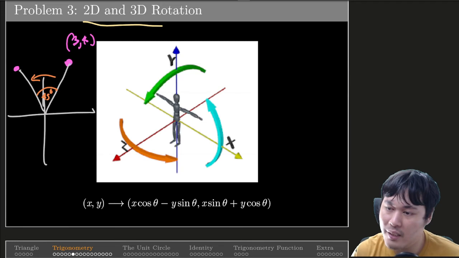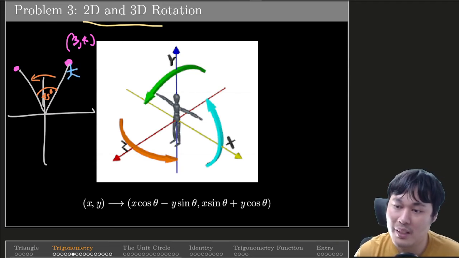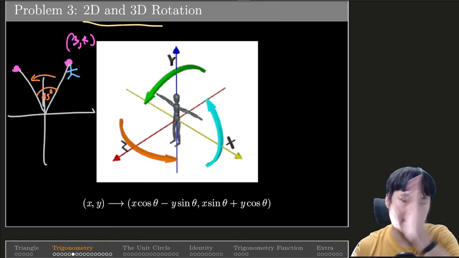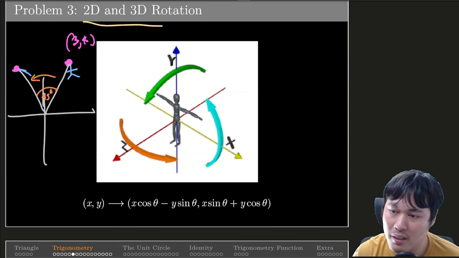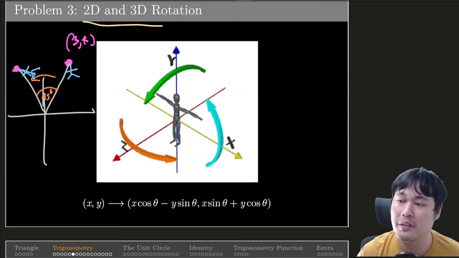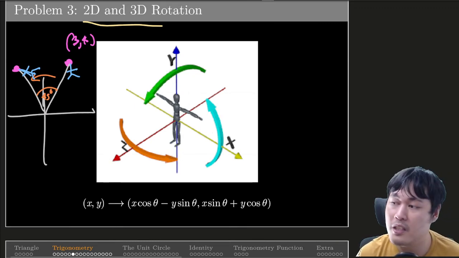Maybe let's make it like this stick figure. If you rotate him and this head goes there, the body is not going to be straight up because you rotate it, so it's going to be something like that. And so the task or the job for the PC is to determine where exactly you move each of these points.